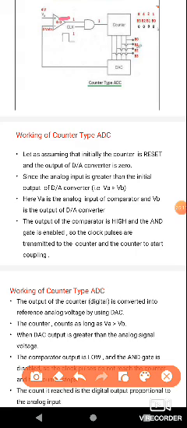Next, the comparator output is high and the AND gate is enabled, so the clock pulses are transmitted to the counter. The AND gate inputs are the comparator output, or op-amp output, and the clock pulse. Both inputs are applied to the AND gate.